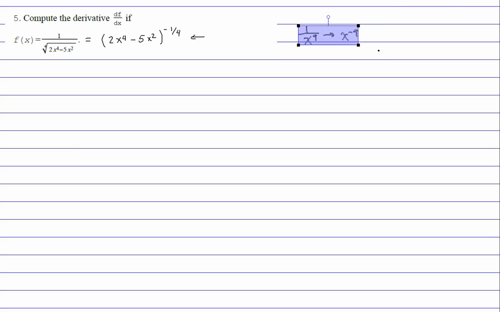So always try to simplify things in order to use less differentiation techniques rather than more.